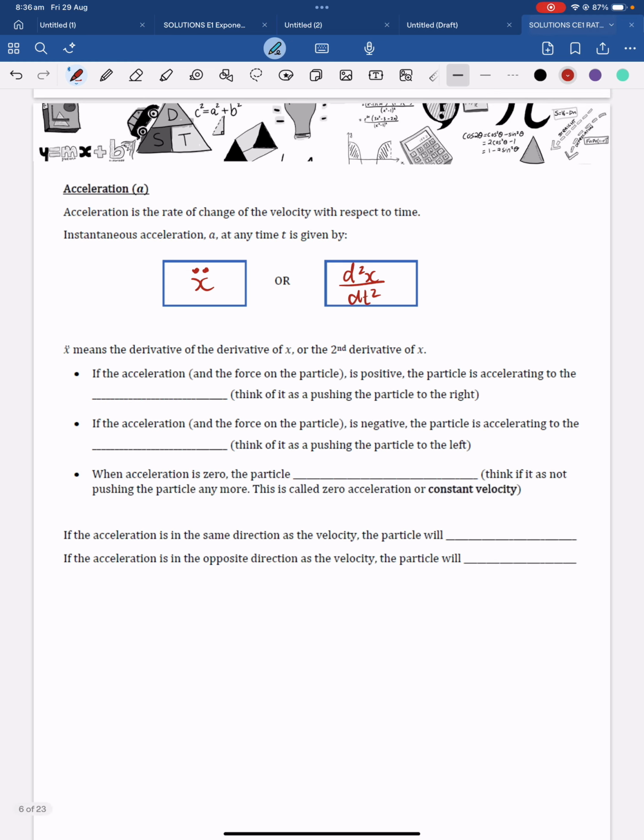So if the acceleration is positive, the particle is accelerating to the right. And if the particle is accelerating negatively, think of it going to the left. When the acceleration is 0, think of it as not pushing the particle anymore. So this is called zero acceleration or a constant velocity.